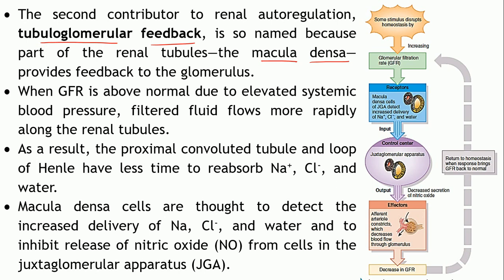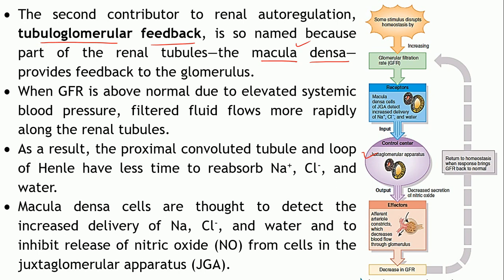Remember the macula densa, the last part of the loop of Henle, makes contact with the afferent arterioles, right, and the cells in this particular region where it is in contact are crowded, that's why it is known as macula densa. Along with it, the modified smooth muscles in your blood vessels, which are juxtaglomerular cells, form the juxtaglomerular apparatus. So it is the juxtaglomerular apparatus which is providing the inputs over here.